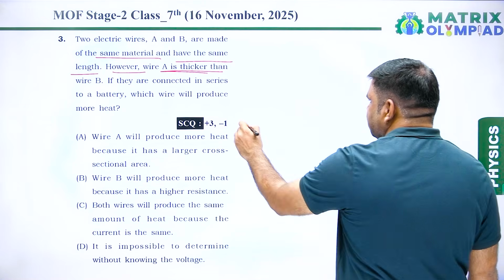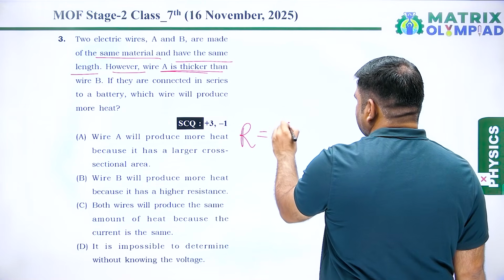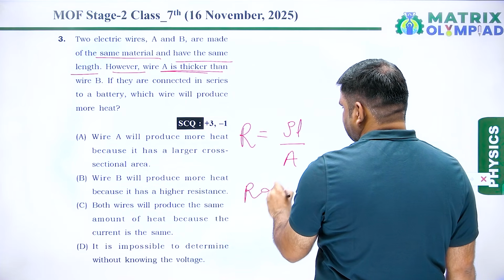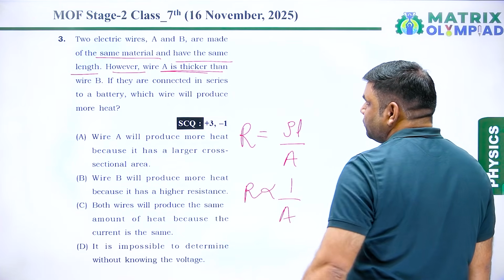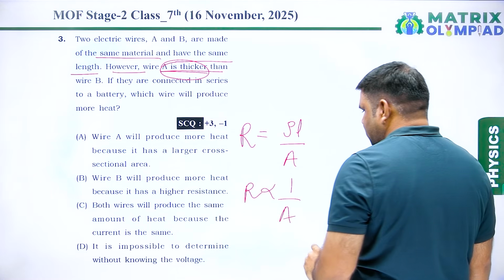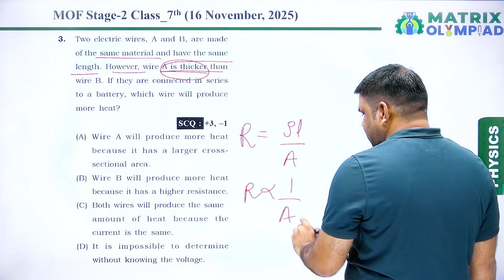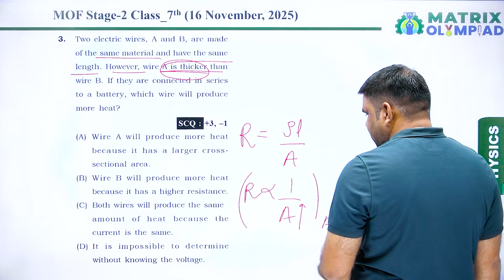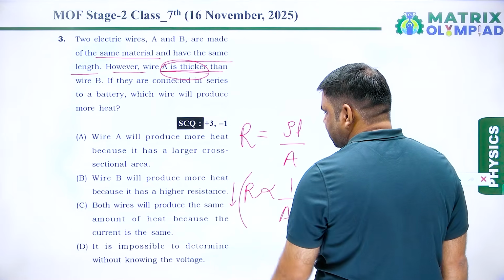So students, we know that the formula of resistance is ρL/A, so R is inversely proportional to A. Now here wire A is thicker than B. If wire A is thicker, the area of wire A is increased, so resistance will decrease.